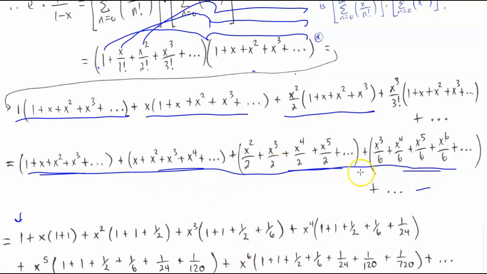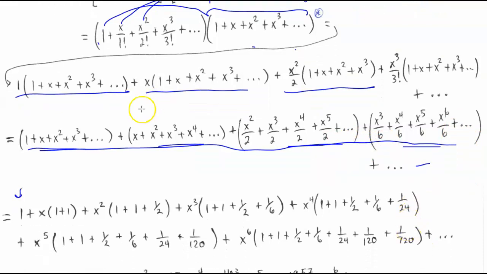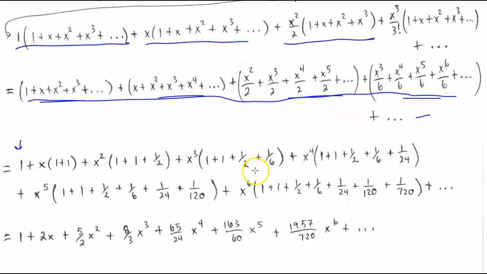So I have all those things listed there, and here, that is what that ends up being, okay? So once I list all that out, I add up all these constants for each of the like terms, and I see that this ends up being the result, okay?